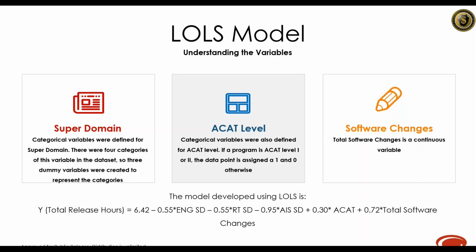For superdomain, we have 4 categories, so we assign 3 dummy variables. And for ACAT level, we have 2 groups, ACAT levels 1 and 2, and the rest being the 3 and non-program of records for that. And software changes, that's our continuous variable.